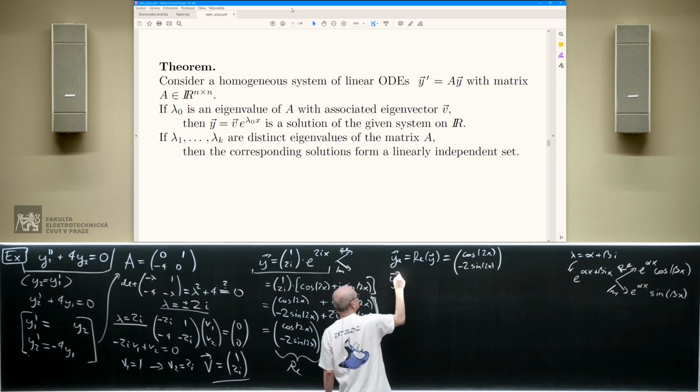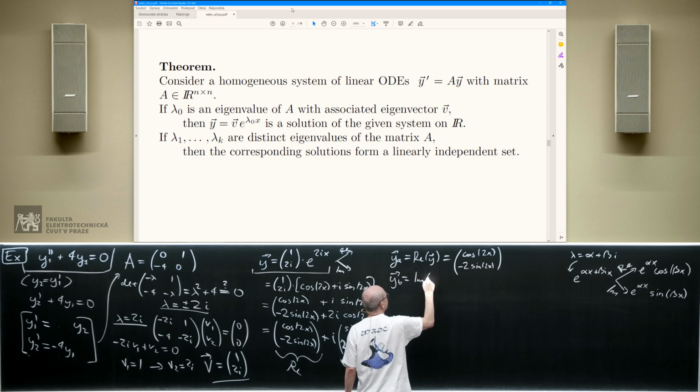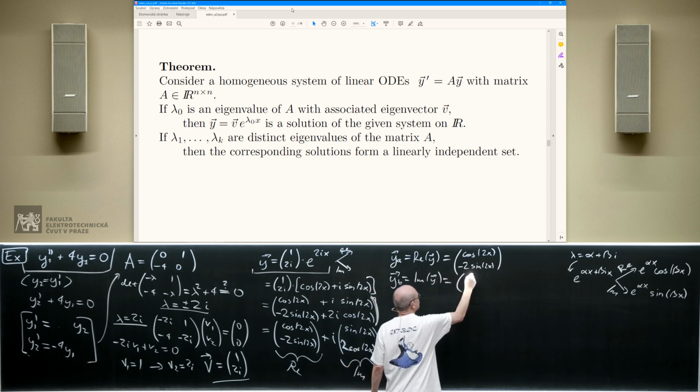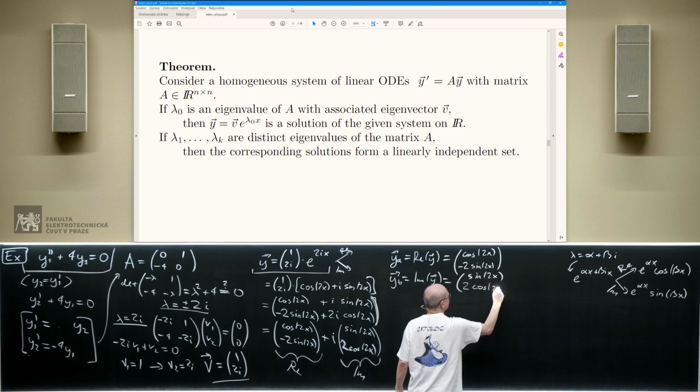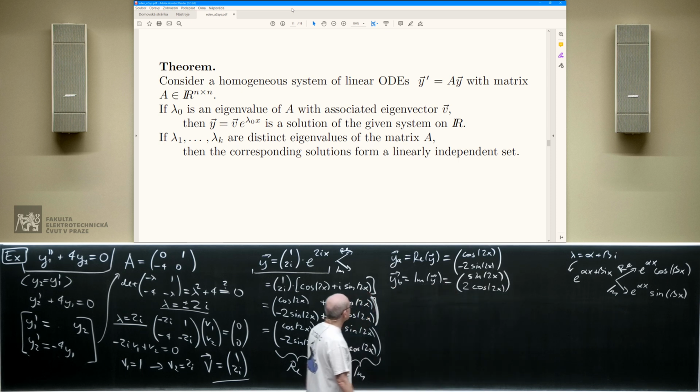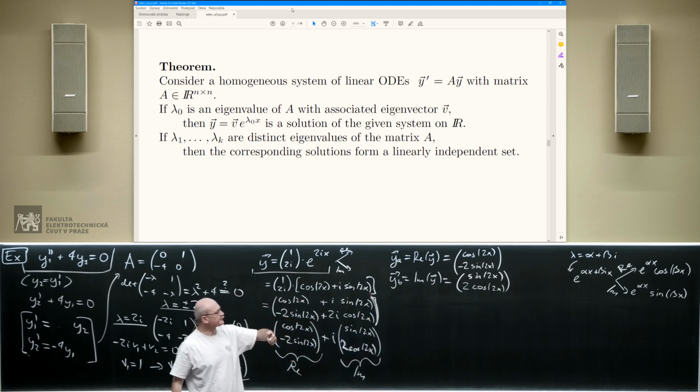And my second solution is the imaginary part of y, which is sine 2x, 2 cosine 2x. I've got YA, I've got YB.